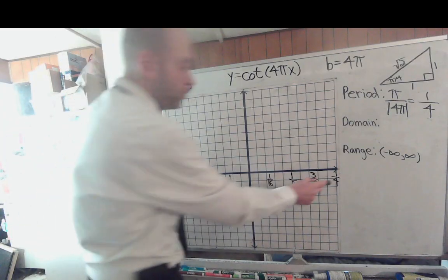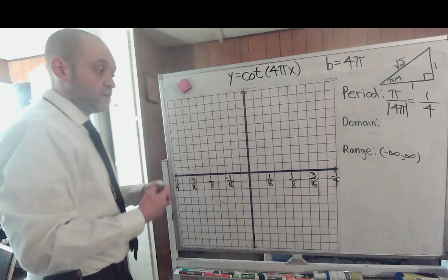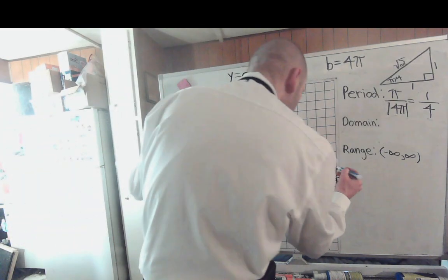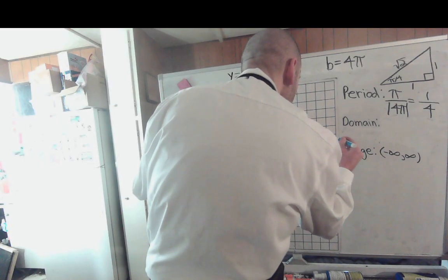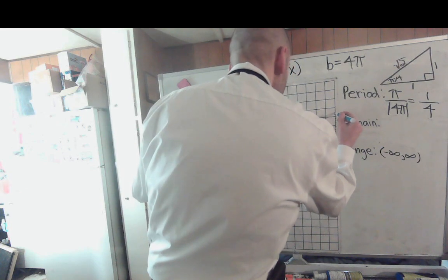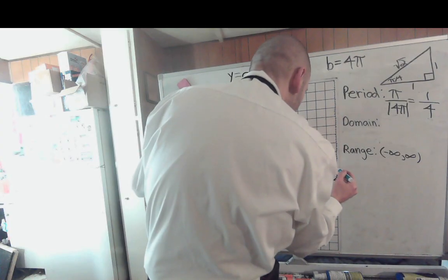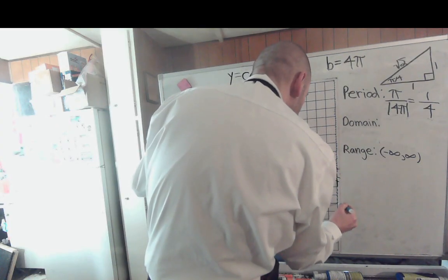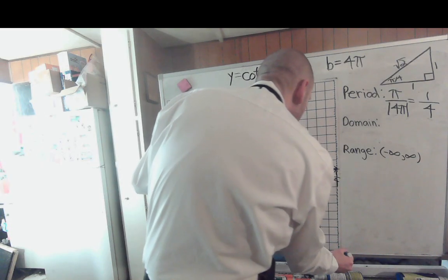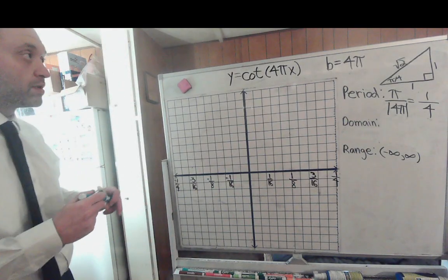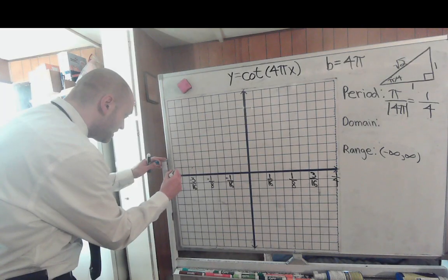What if I put in 1/4? That would give me the cotangent of pi, which we know the cotangent's undefined at pi, so x equals 1/4 is going to end up being a vertical asymptote. What if I put in negative 1/4? That would give me the cotangent of negative pi, which is also undefined.